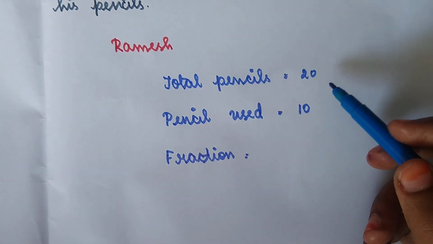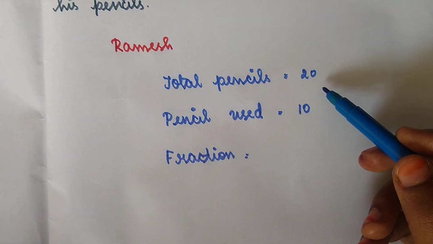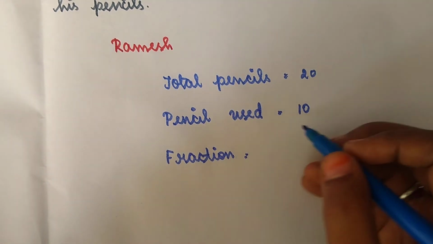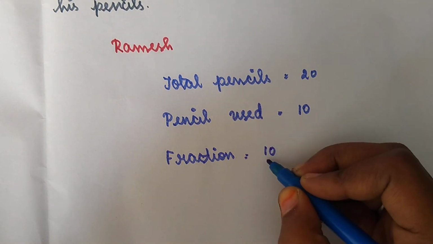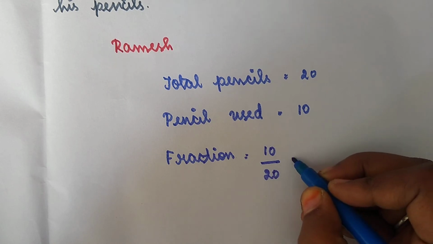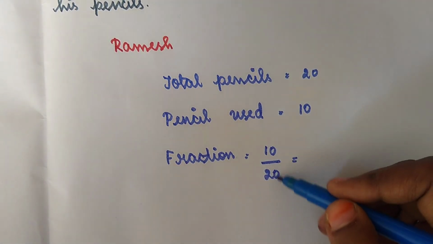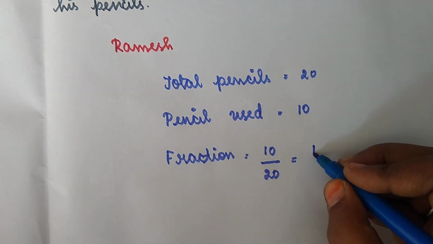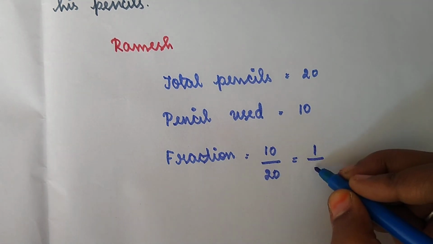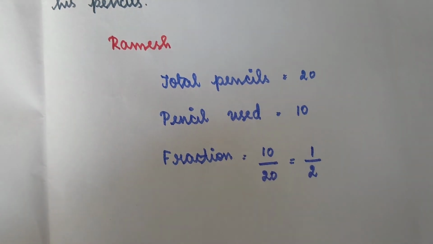Ramesh used up 10 pencils out of 20 pencils. Then we have to convert it to the simplest form. First it is 10 by 20. What is the simplest form of 10 by 20? We have to cancel. In the 10 table, 10 ones are 10, 2 tens are 20. So the answer is 1 by 2.